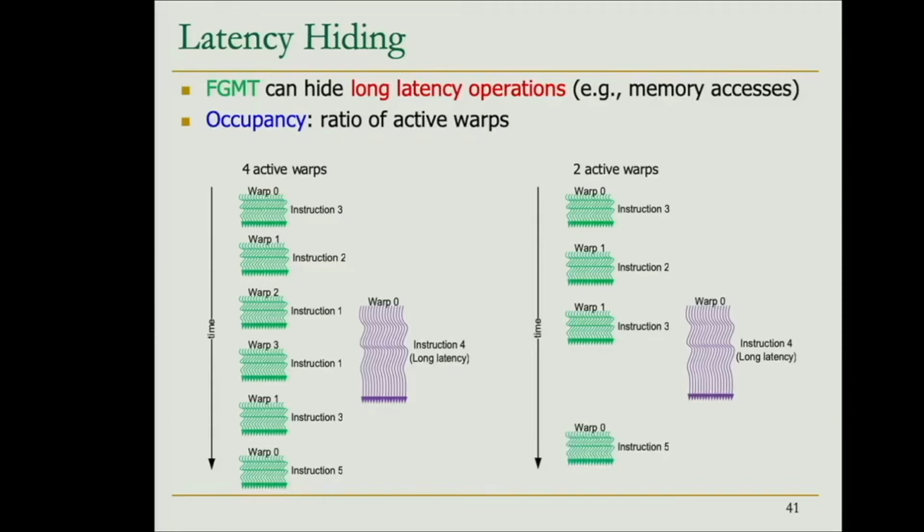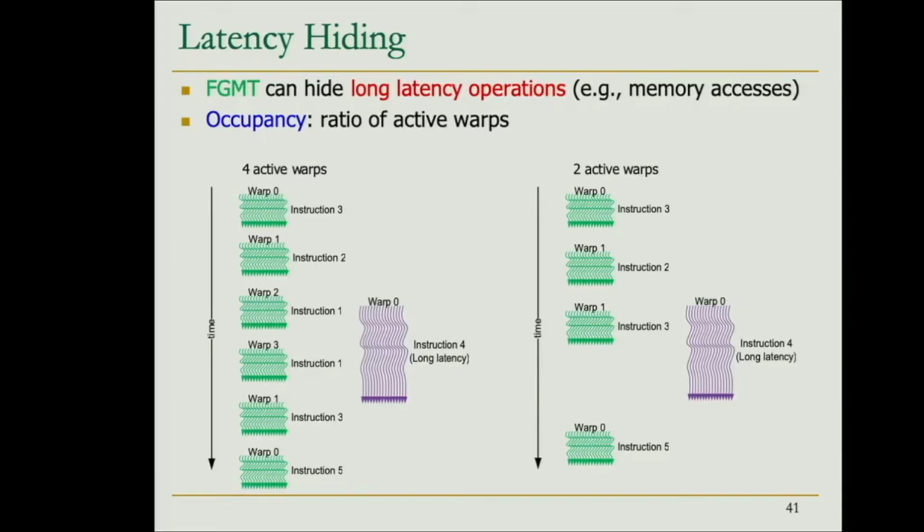So that's why it's important to have enough instructions ready for execution, because this way we can hide the long latencies. The problem here is that the typical way of having this number of instructions ready for execution is having enough active warps inside the GPU core.